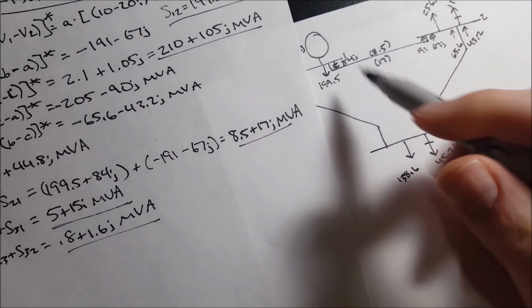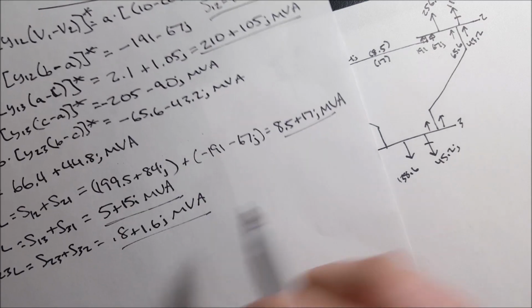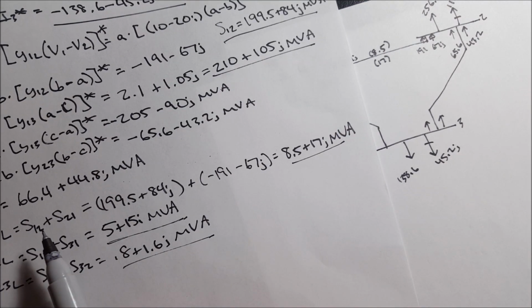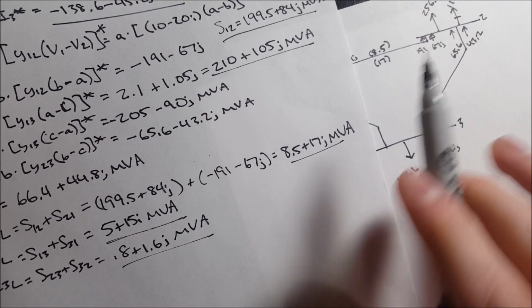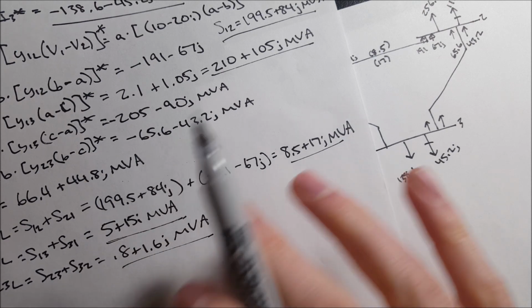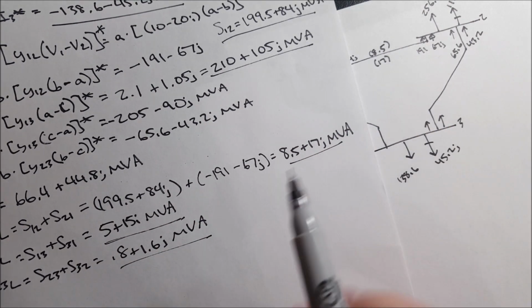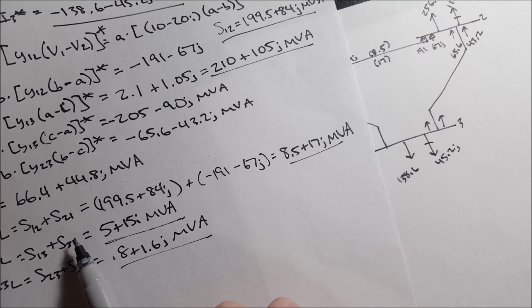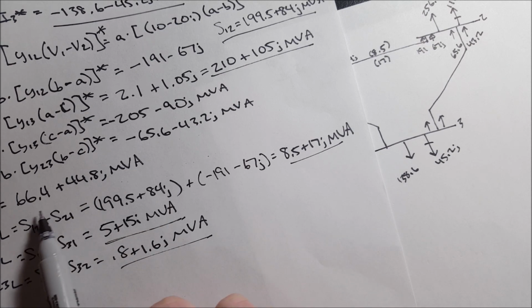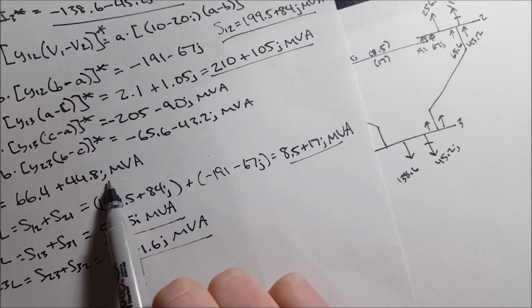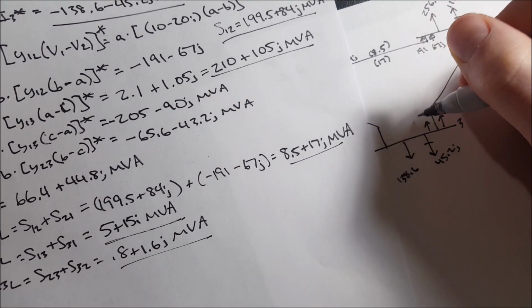And that makes sense. You can see how there's that flow. Sometimes it doesn't actually work out like that, but you can be pretty confident when it does look like this. And it's 66.4 and 44.8.